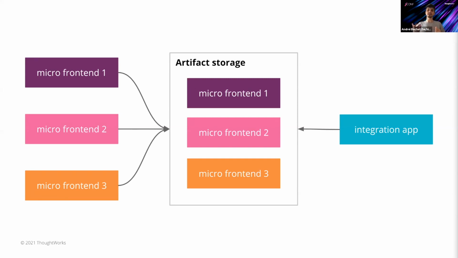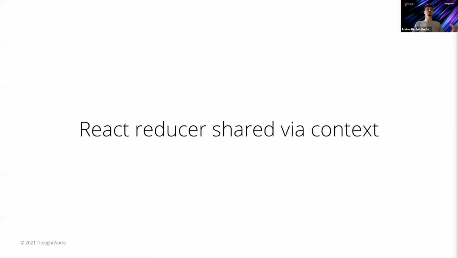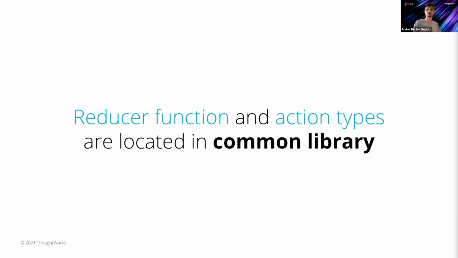And then the integration app would have the job to go look into the artifact storage, take the latest version or the desired version, and bring it to production. State handling remained unchanged: still the reducer shared via context, but because we are now no longer in the same code base, we have to figure out how we can share this context object, to leave the experience the same inside the modules.